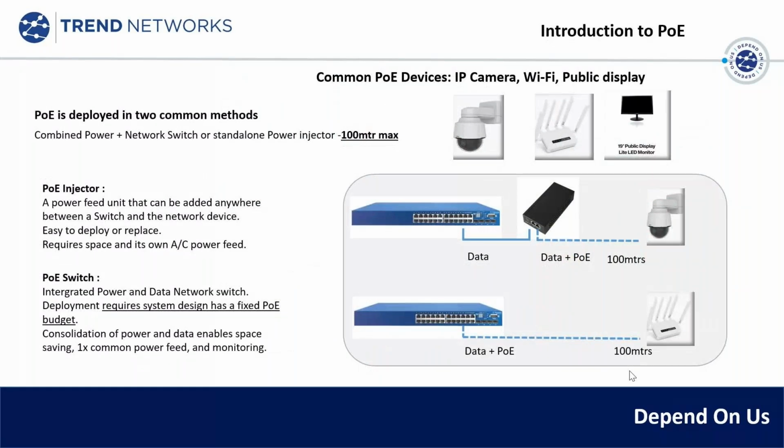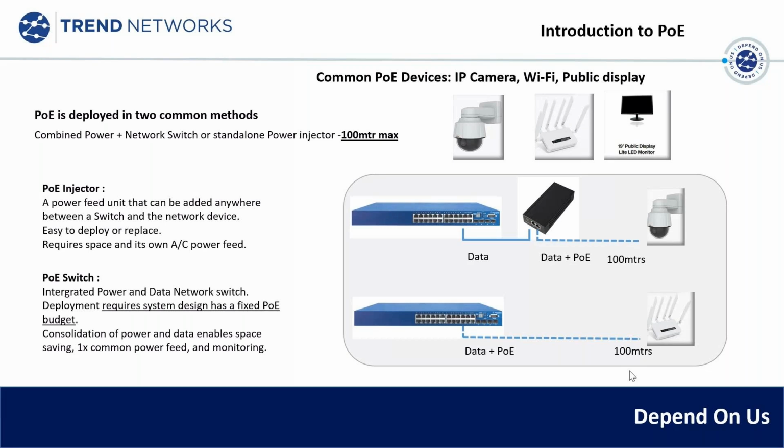So deploying PoE is quite common. It still covers 2 standard methods. Primarily, first is a PoE injector, quite popular because a lot of legacy switches are out already, or if you need to upgrade to a higher power, you have a switch. You can then add the PoE injector to match the device that you add on.